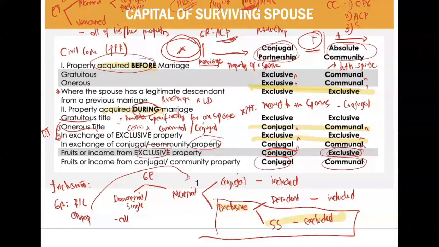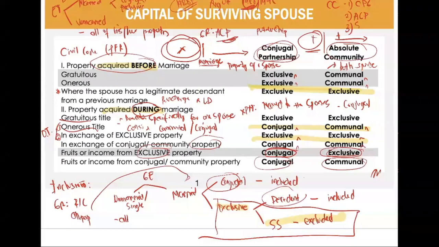Once you determine the marriage settlement type, you determine now whether that property is considered exclusive or communal based on these rules. Okay? So you follow first its rule. And then once you set it up, ito sa conjugal yan, ito exclusive ni decedent, ito exclusive ni surviving spouse, alam mo na yung sama mo sa gross estate at alam mo na yung tatanggalin mo. Ano lang yung tatanggalin? Yung exclusive ni surviving spouse.